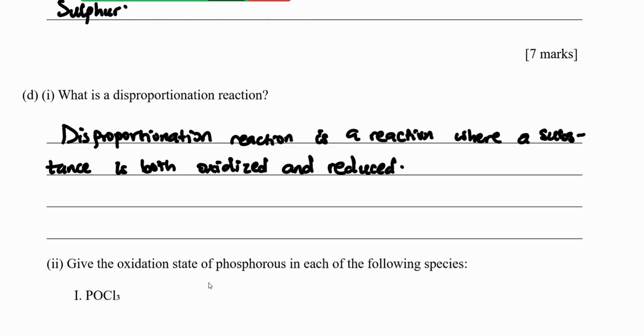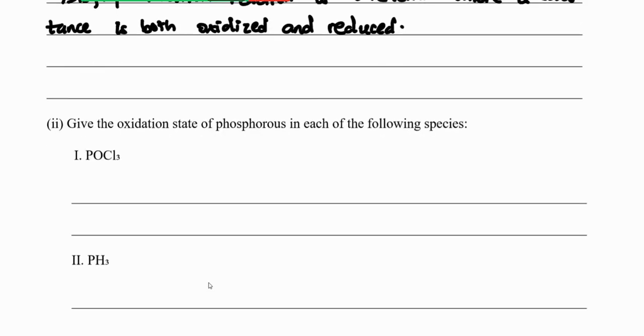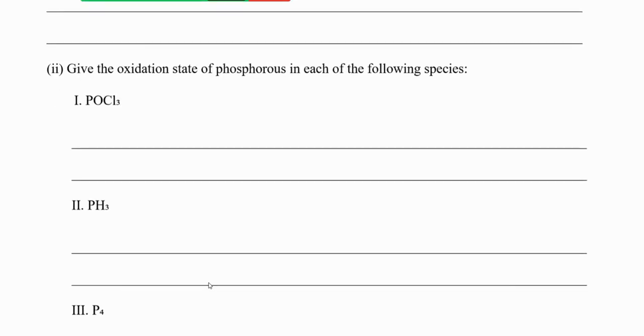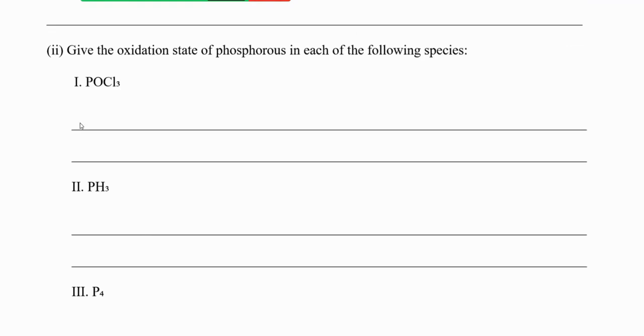Now the next question says, give the oxidation state of phosphorus in each of the following species. Now we have phosphorus, which we do not know, plus the oxidation state of oxygen, which is -2, plus that of chlorine, which is -1. So we have 3 chlorines, so it's going to be -1 times 3, all equal to 0 because it's a neutral compound.